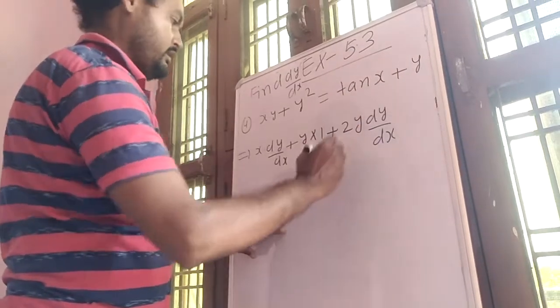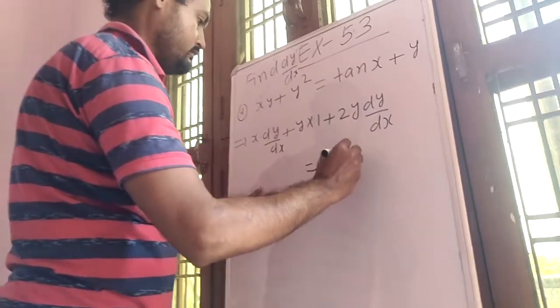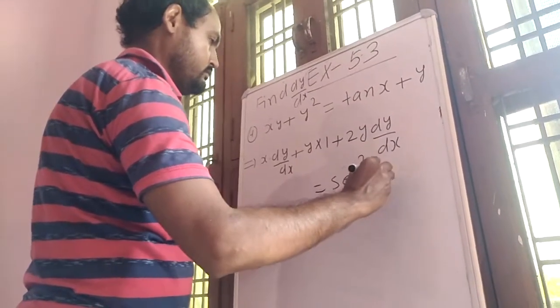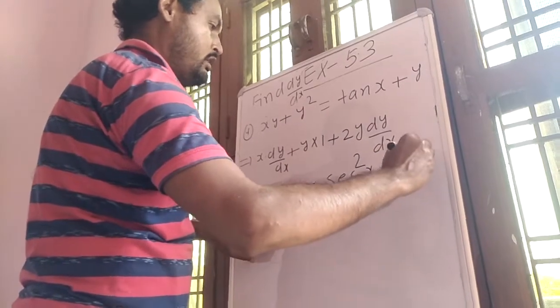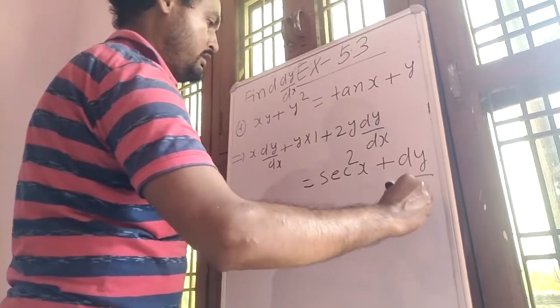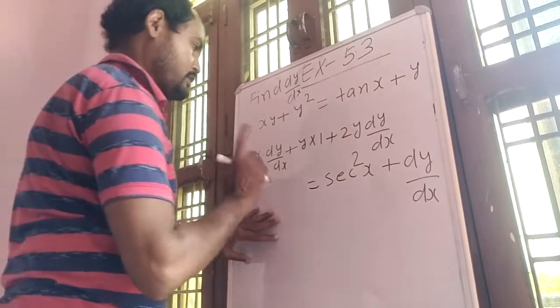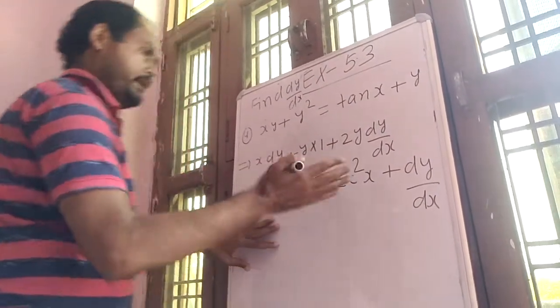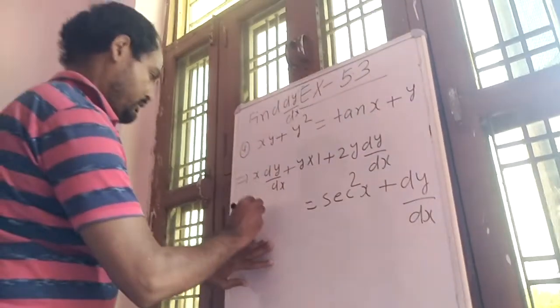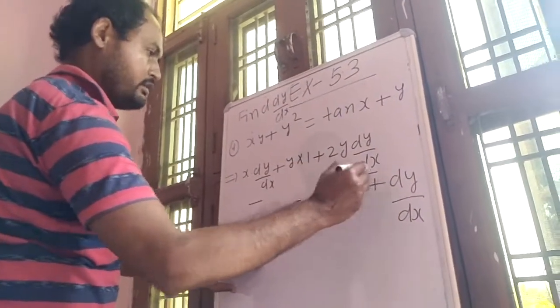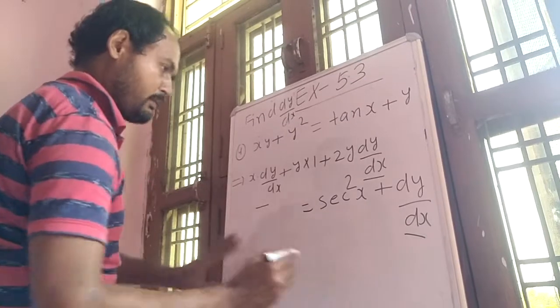This is tan, so sec²(x + y) into (1 + dy/dx). First of all we differentiate with respect to x, then we take common. So here is dy/dx, here is also dy/dx, here is also dy/dx.